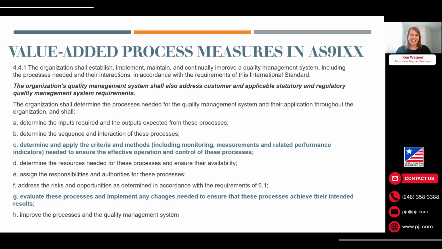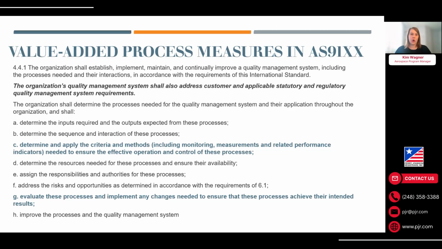Now, I know this is a lot of text on your screen right now. I just wanted to get the requirement in front of you so you have some context for what we're talking about. So we're going to start with the value-added process measures in AS 9100, 9110, and 9120 and what's required. This stems from the requirement in 4.4.1 C and G specifically.